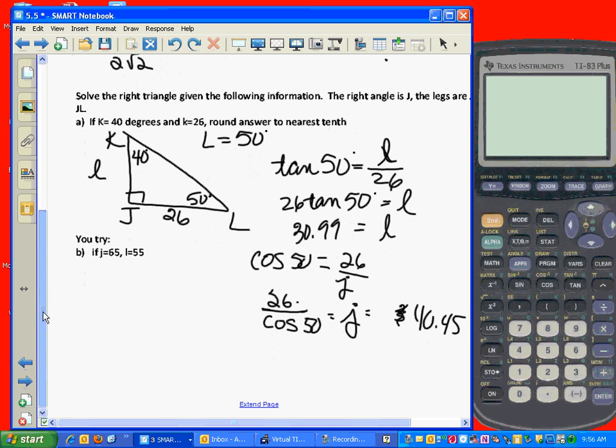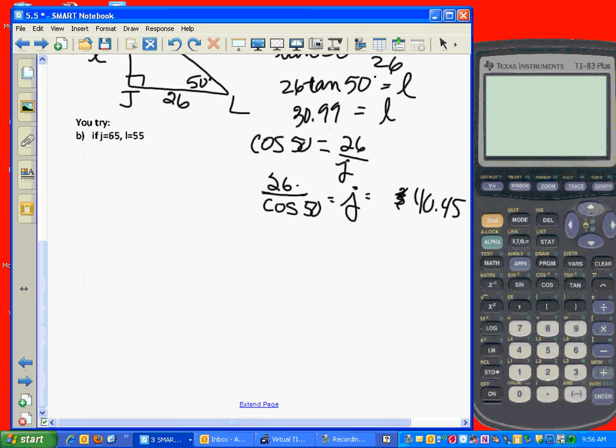All right, you try the last one. Draw your right triangle. You've got to do pictures on these, guys. I defined J to be the right angle, and after that, I don't care where the other letters go.